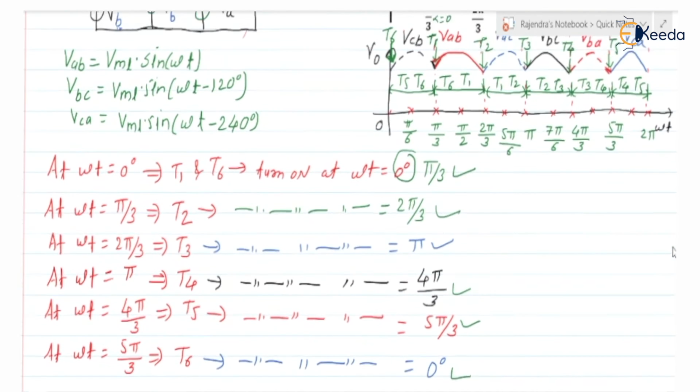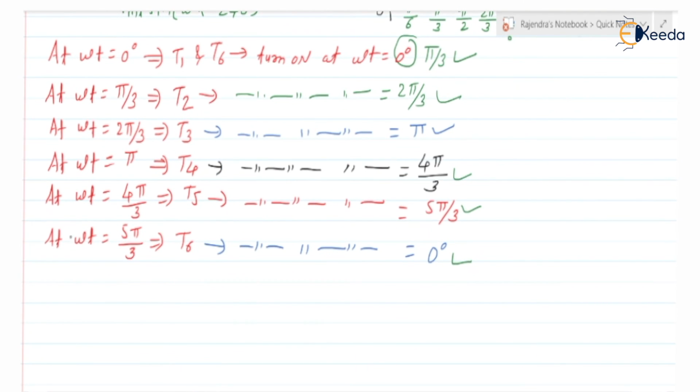Further, we can summarize it. For T1, alpha equal to 0 is nothing but omega t equal to pi by 3. For T2, alpha equal to 0 means omega t equal to 2 pi by 3.